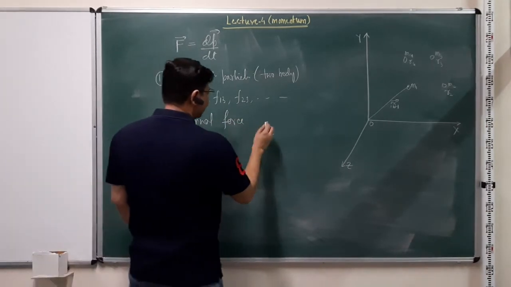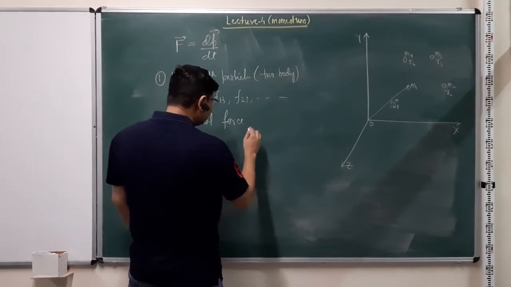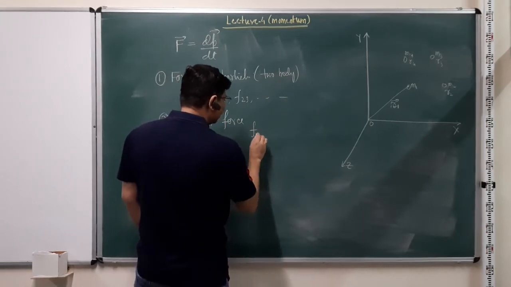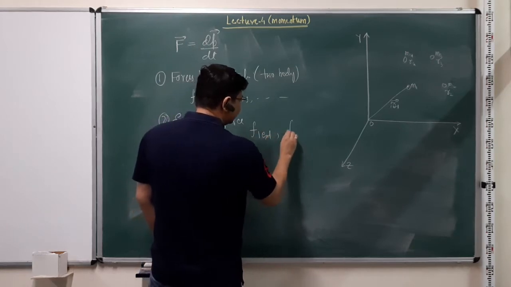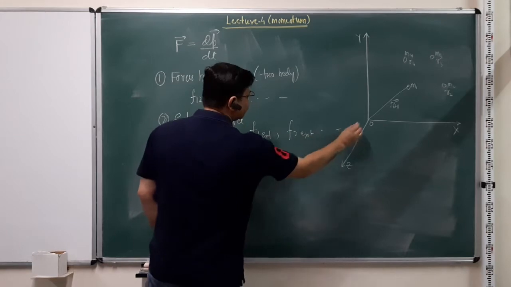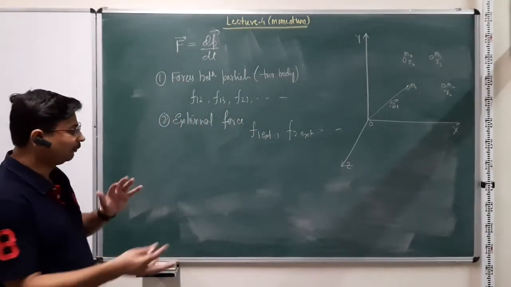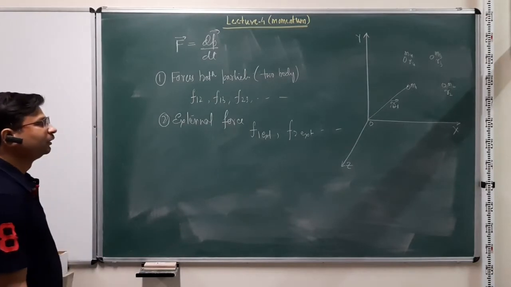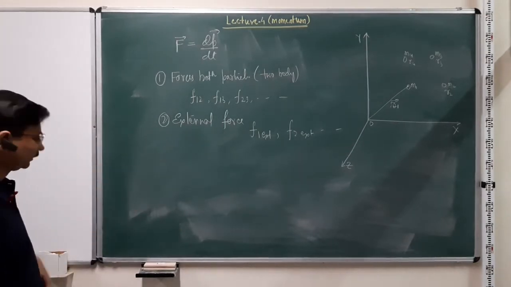So again, let's say on individual particle there are individual forces acting. So I can write down this as F1 external, F2 external, and so on, right? And of course, when we try to combine this, we have to combine this vectorially, and we can get the total force, right? Now let's find out the total force acting on the system.